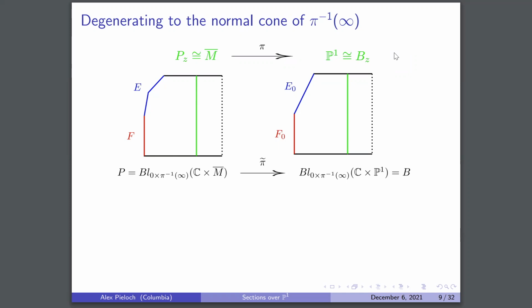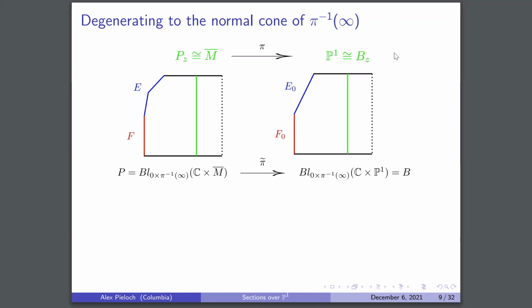Okay, so it's really easy to understand what's geometrically going on in the case where M bar is just P1. When M bar is P1, this picture that I drew is actually a perfectly valid toric picture of the ball. So we took C times P1, and we blew up at 0 and infinity. Geometrically, what's happening in the case where M bar is equal to P1 is just that away from this blow up locus, we have some smooth family of P1s.